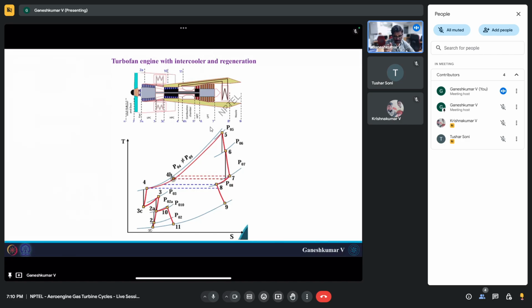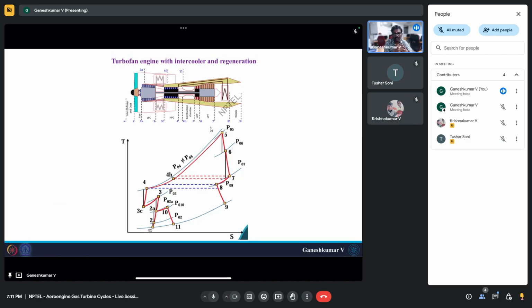Now from 4H you have the combustion chamber, which again increases the temperature to a very high value, T5, and T5 is the turbine entry temperature. From there you have the high pressure turbine and the low pressure turbine. Then the exhaust gas is again cooled because of the regeneration effect from 7 to 8.